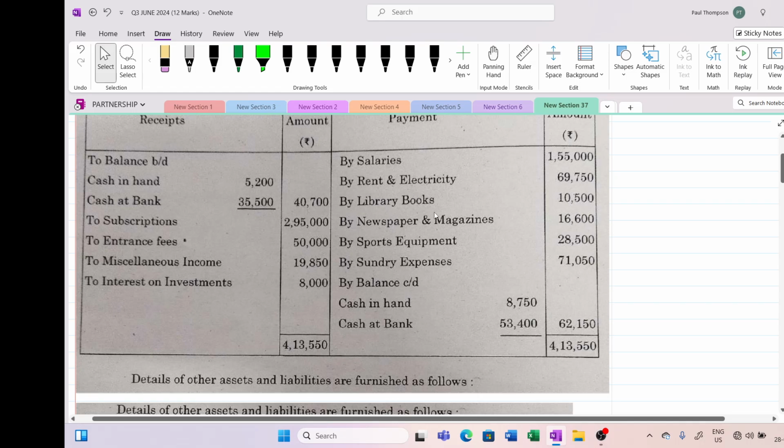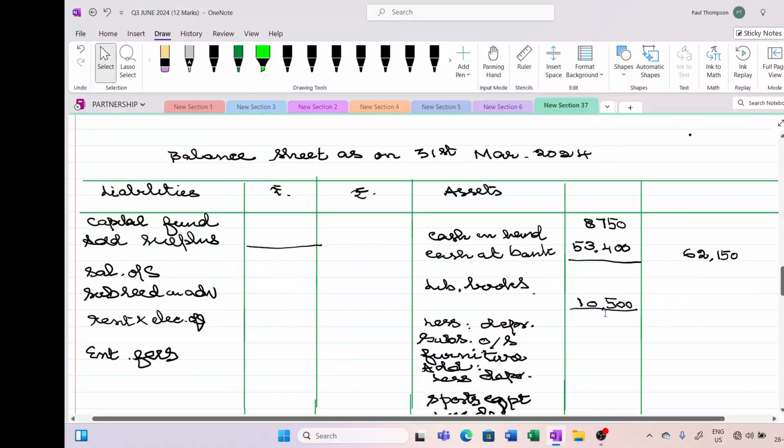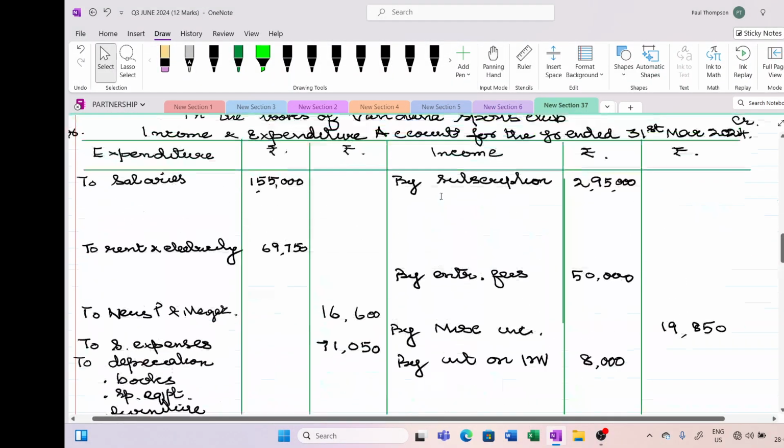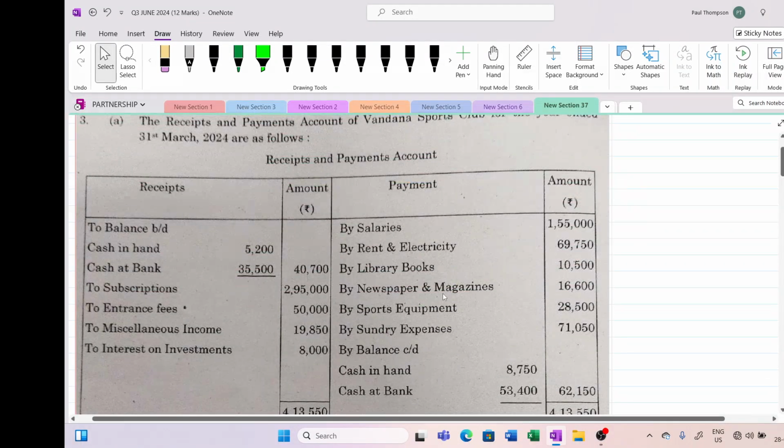There may be opening books, so what I have done, I have posted in the current balance sheet. And I have posted the salaries and rent and electricity here, and newspaper, magazine, no adjustments, I put it in the outer column of expenditure.